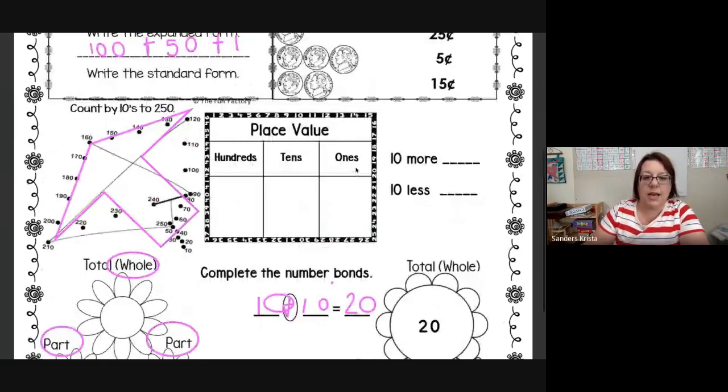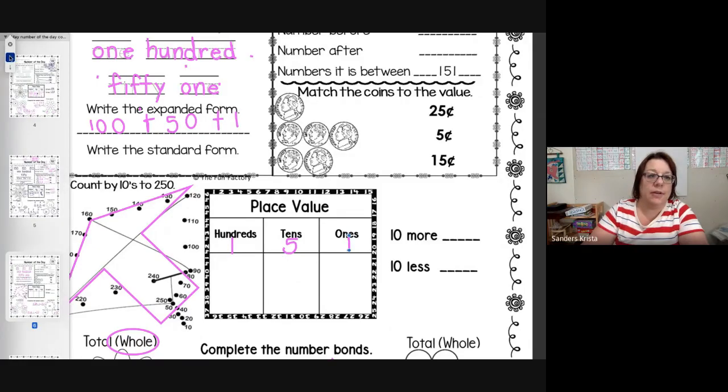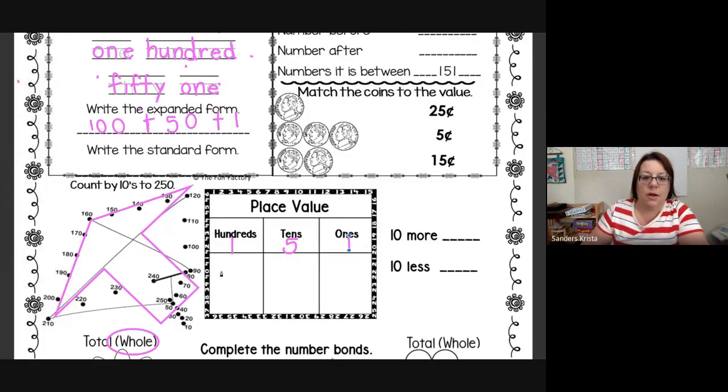All right, now we're going to go up to place value, and my number is 151. So that means I have 1 in the hundreds. I have 5 in the tens place, and I have 1 in the ones place. Okay, so I'm going to draw one group of 100. So there's my 100, and I always label it as 100.